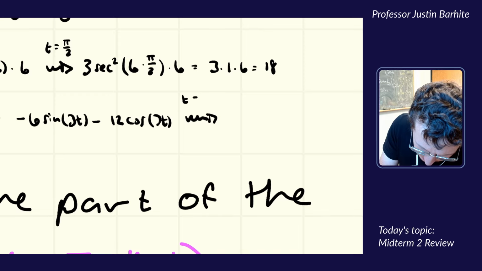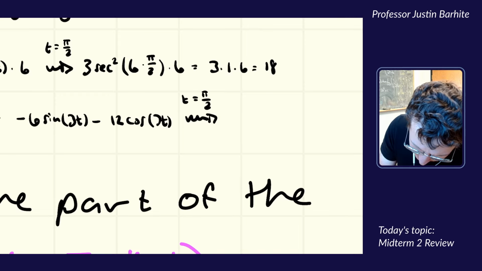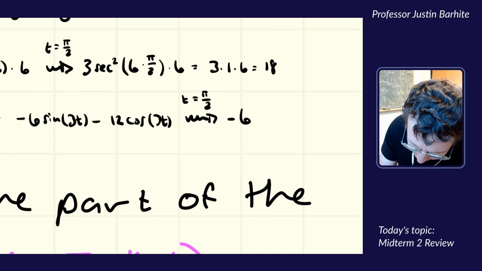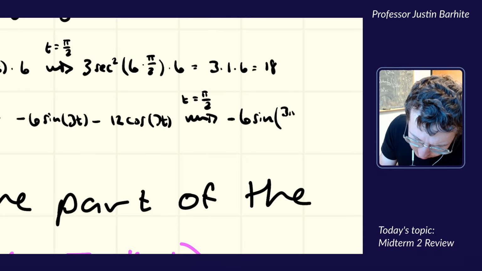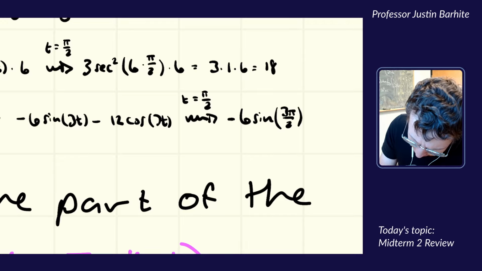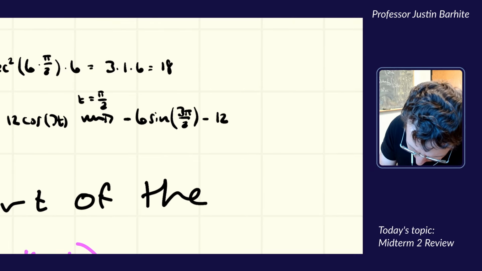And at t equals pi over 2, this is going to become minus 6 times the sine of 3 pi over 2 minus 12 times the cosine of 3 pi over 2.